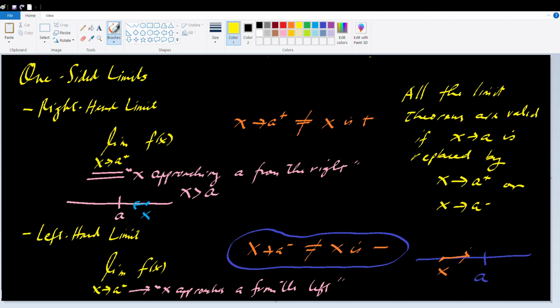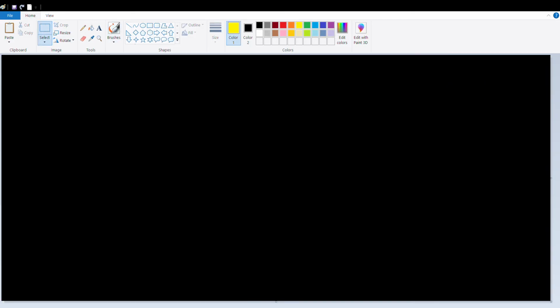So the substitution method that we use in evaluating the limit is still valid if we are to evaluate the one-sided limits.